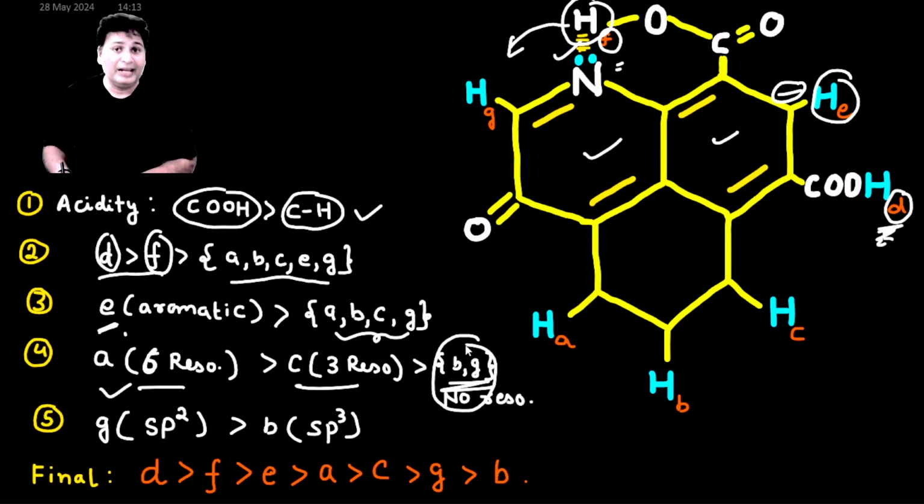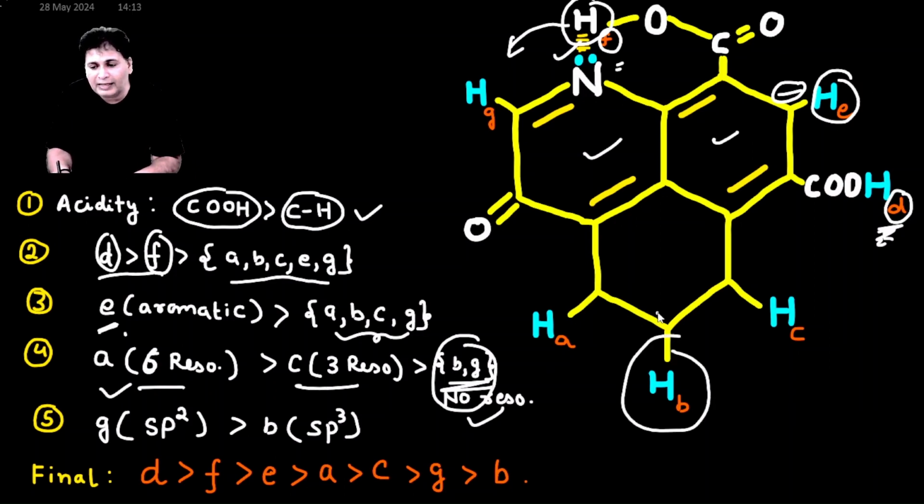Now how to break the tie between B and G, you should understand. In the case of B, if you put a minus charge here, if you try to find the steric number, you understand with this carbon one more hydrogen remains there. So if you find the steric number, 1 sigma, 2 sigma, 3 sigma, and this is a lone pair.